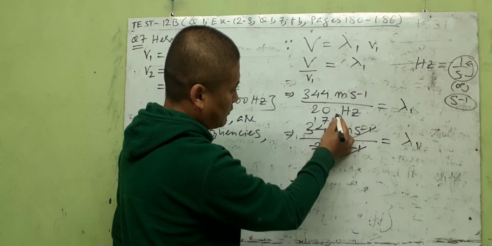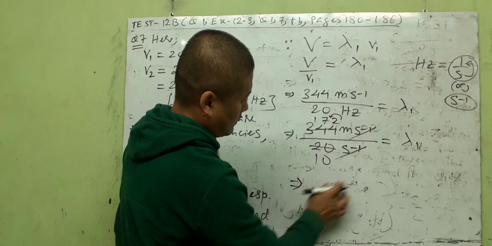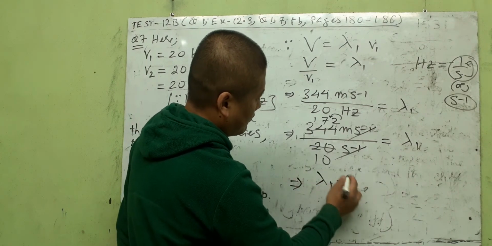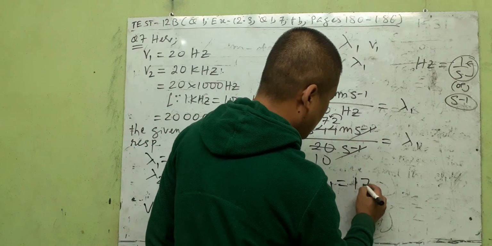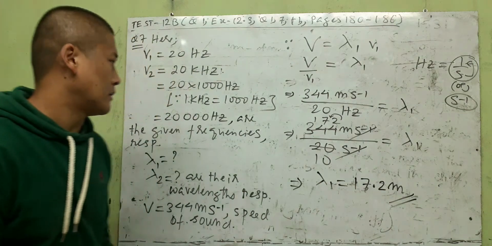Divided by 10 means the decimal moves between 7 and 2. So lambda 1 will be 17.2 meter, the first wavelength and the first answer.